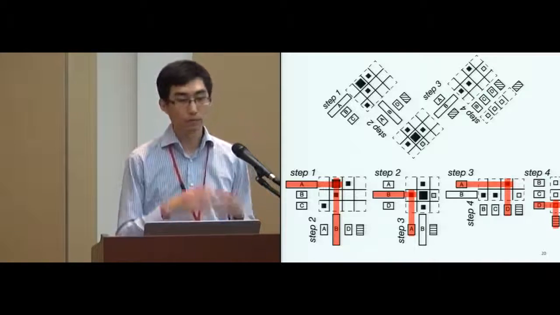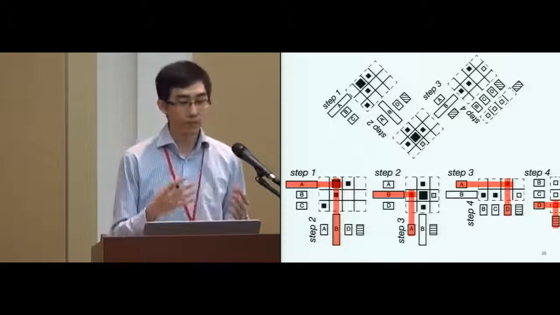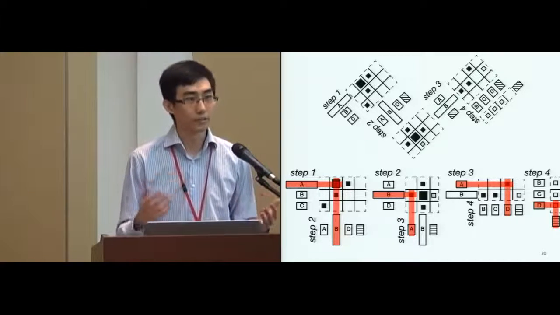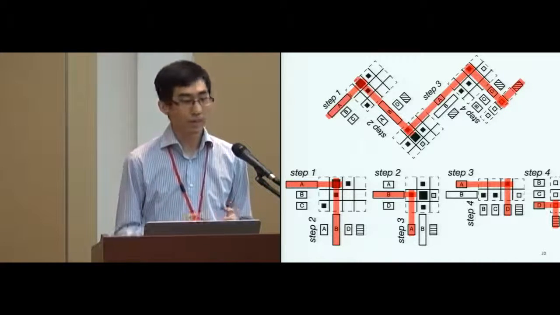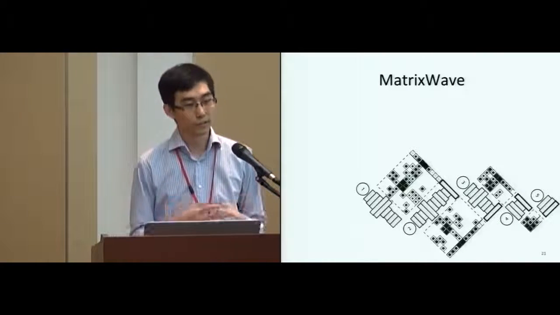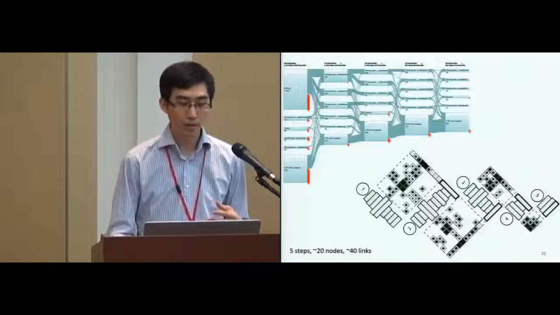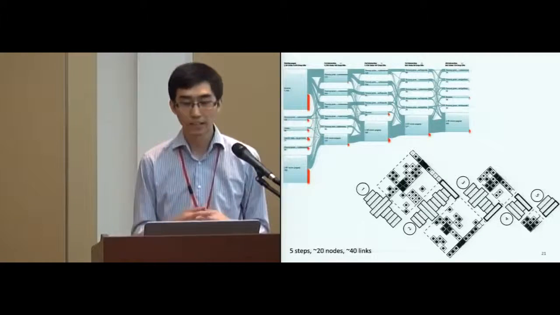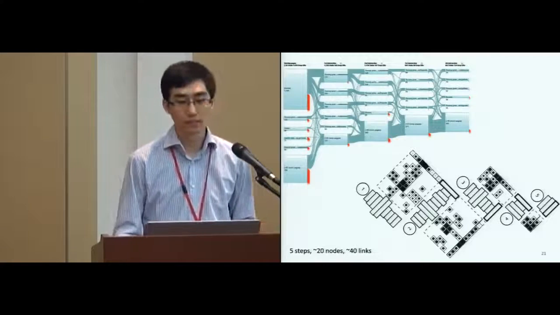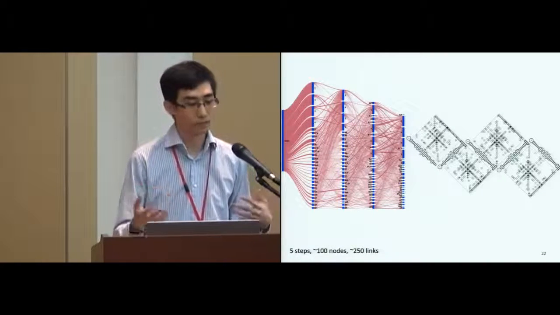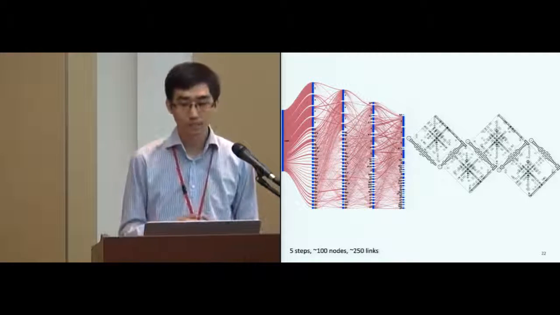So we propose to rotate and concatenate those matrices together so you don't need to draw all the duplicated nodes. And also a path can be traced in a zigzag manner. So we have this visualization we call MatrixWave. Compared to the Sankey diagram showing about the same amount of data, it is much cleaner. And it also scales for this kind of data, which is 5 times denser and larger.